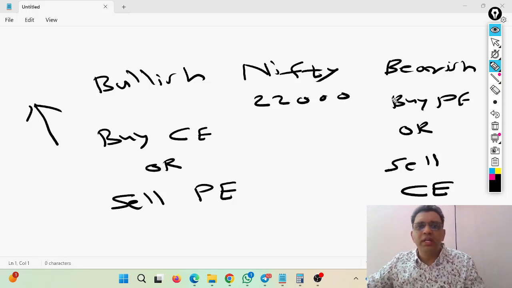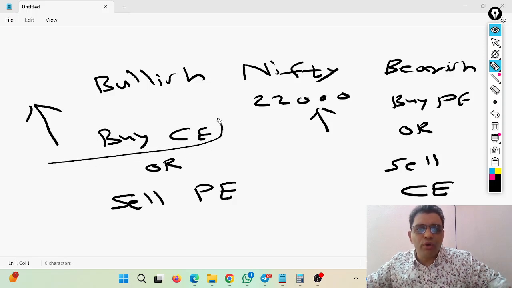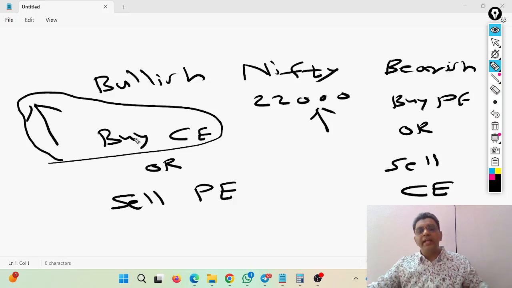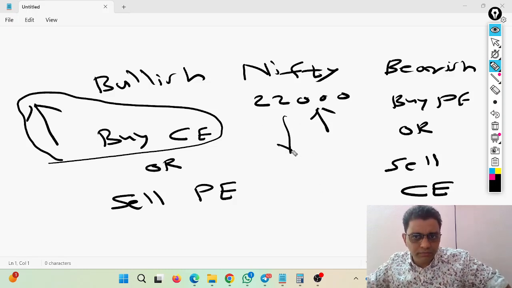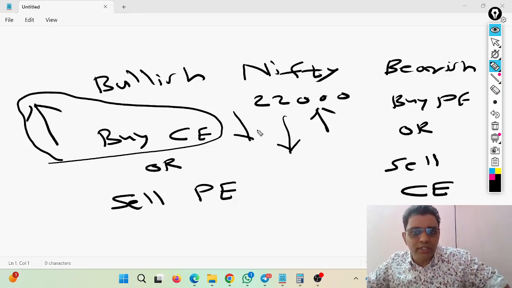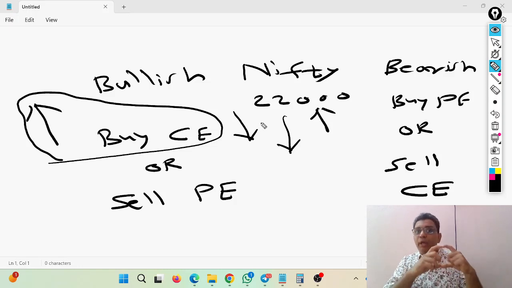If Nifty goes down, the call option I have bought will start reducing. That means the change in my option premium happens based upon the Nifty's price.